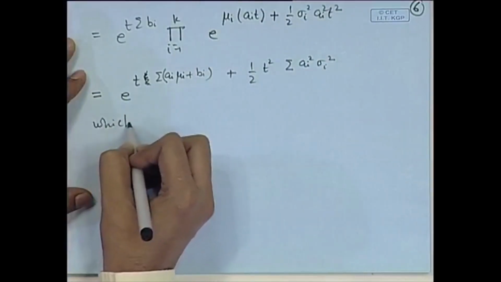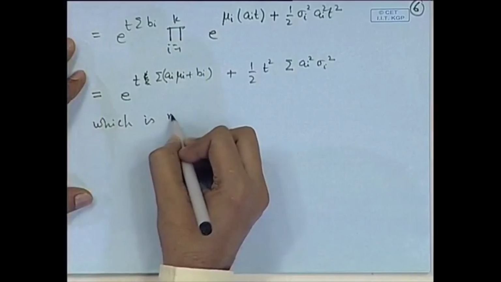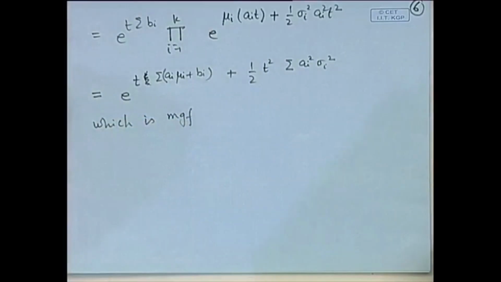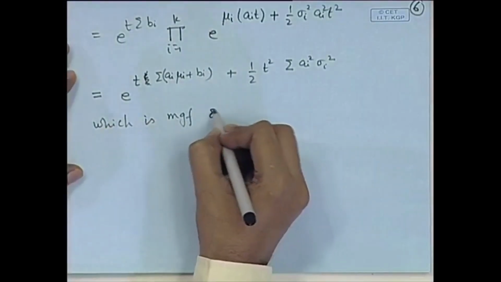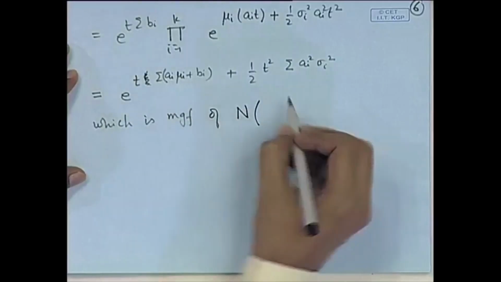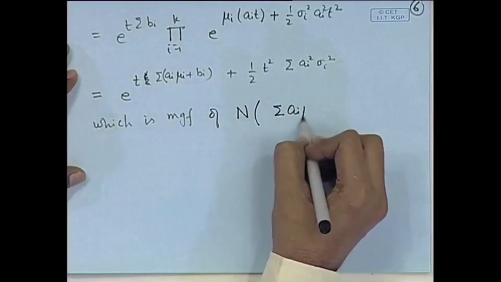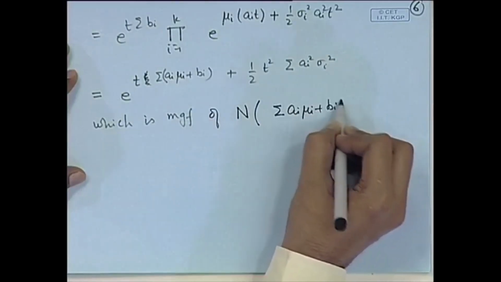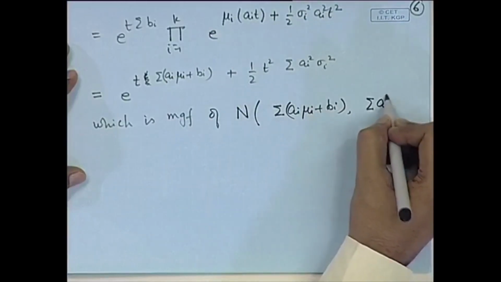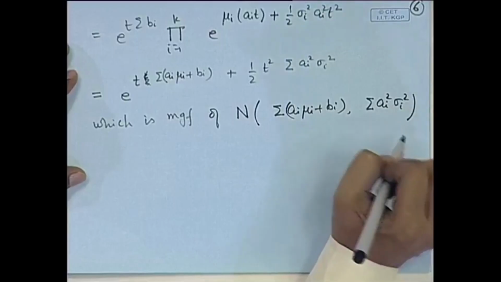Now, this we can identify as the MGF of a normal distribution with mean sigma a_i mu_i plus b_i and variance sigma a_i square sigma_i square.